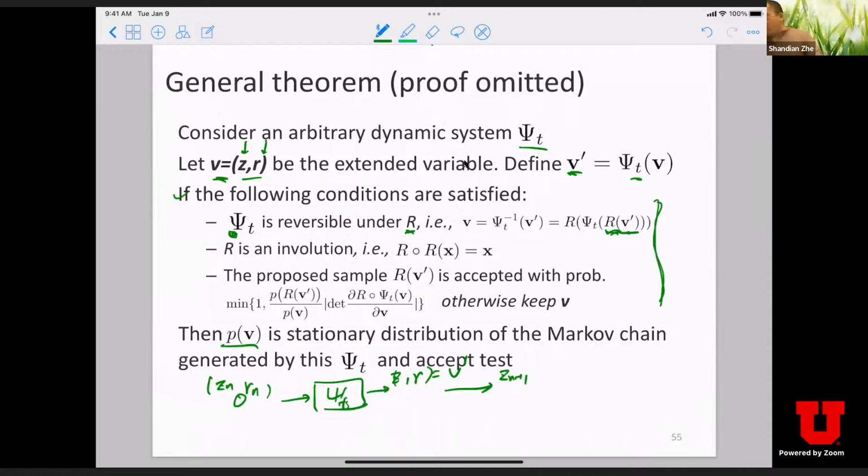Then I evolve it again for the same amount of time t, and then I apply R again. Then we can exactly recover v.